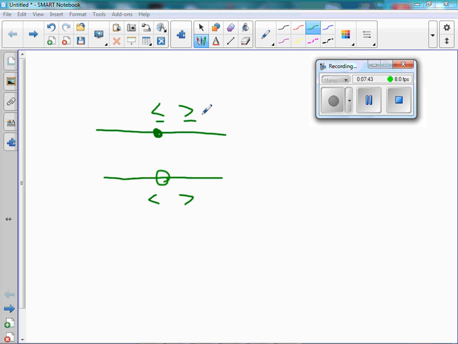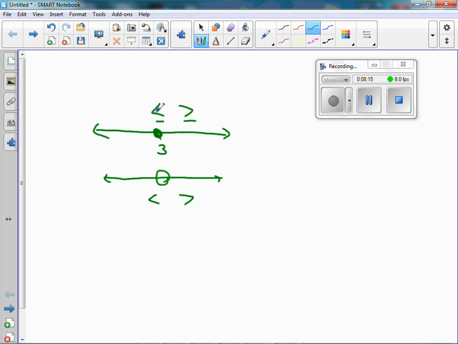And as a review, when you graph something, whether you open or close the circle. Okay, let's look at this. If it is a closed circle in the graph, let's say this is 3, you have to put a line underneath the greater than or less than sign to indicate that it is "or equal to."